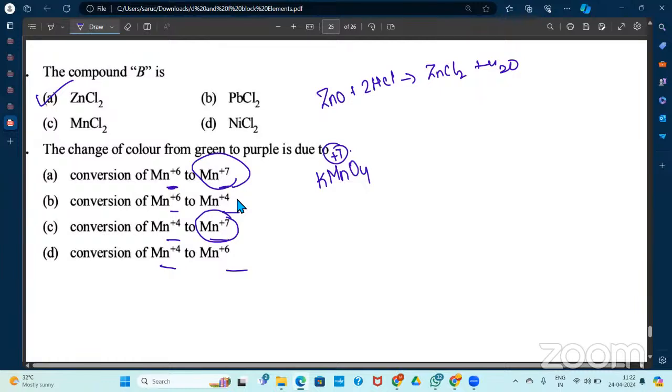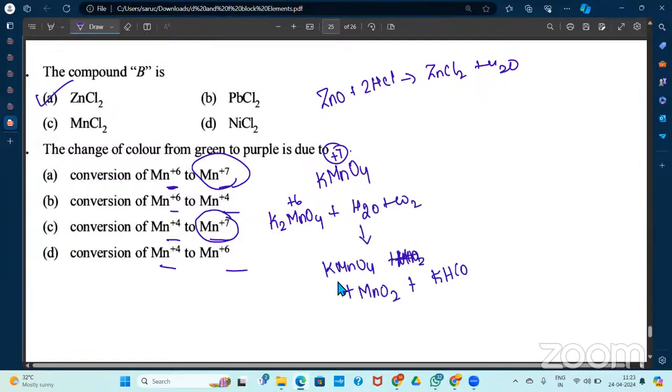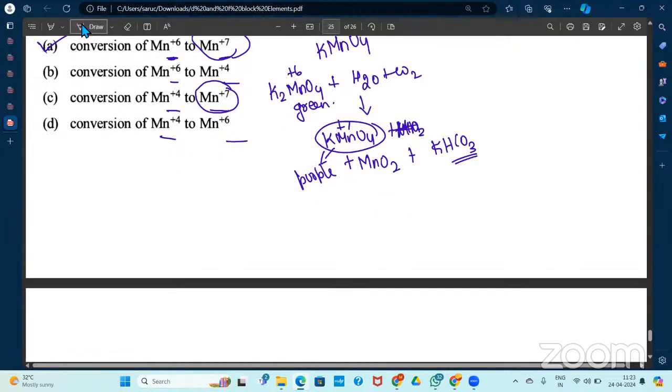When it reacts with water in the presence of carbon dioxide, we get MnO4-, MnO2, O2, and KHCO3. So option A is right. Got it, everyone? Yes.